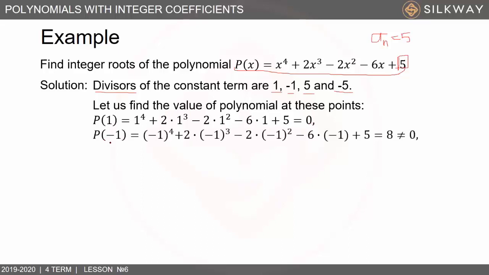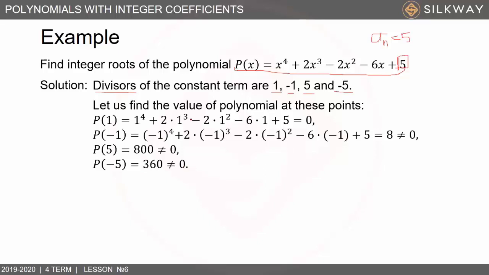If we put minus 1, here will be 8. 8 is not equal to 0. And let's put 5. Here will be 800. And it also is not equal to 0. And the last one, if we put minus 5 into this polynomial, we will have 360.